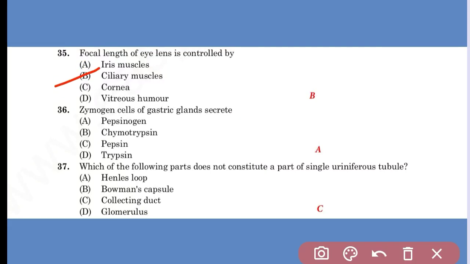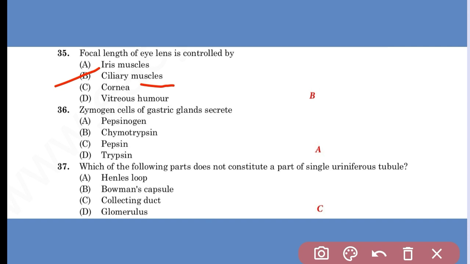The ciliary body is a circular structure that is an extension of the iris, the colored part of the eye. The focal length of the eye is controlled by the ciliary muscles. The cornea is the transparent part of the eye that covers the iris and pupil and allows light to enter inside.